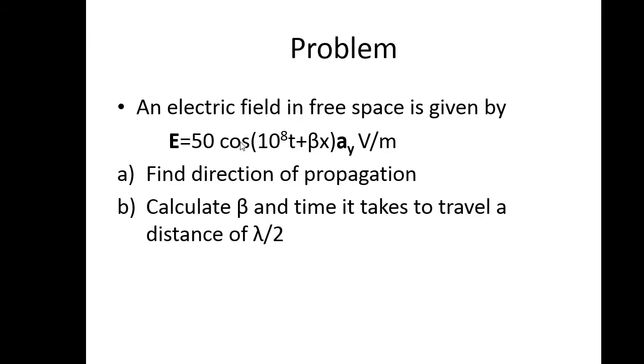So the common equation format for electric field is: if the electric field is given by E is equal to E naught cos(omega t plus beta x) into unit vector ay. Okay, this is the format given.